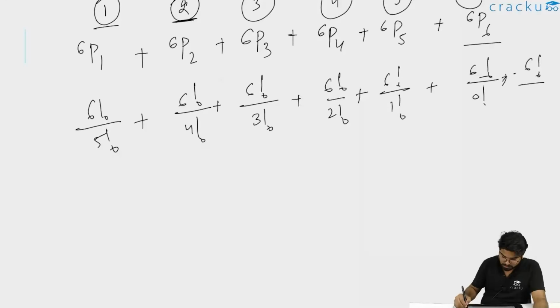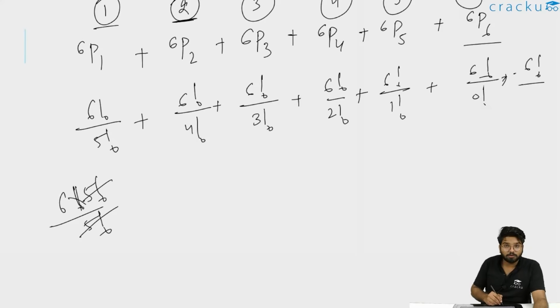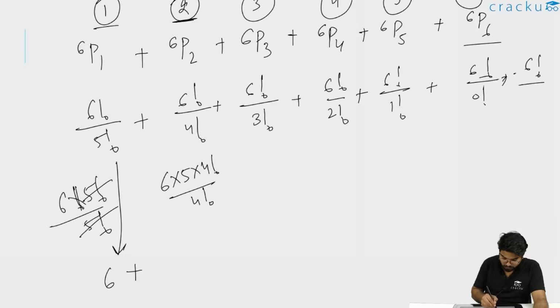Okay, let's solve this now. 6 factorial divided by 5 factorial we can write as 6 into 5 factorial divided by 5 factorial. This can cancel out, so this will be 6 only. Plus 6 factorial is 6 into 5 into 4 factorial divided by 4 factorial. This will cancel out, 6 into 5 will be 30.